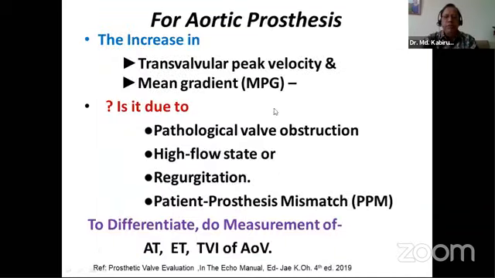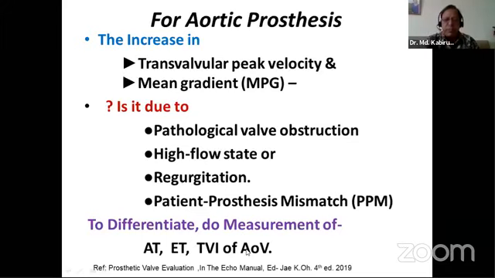So if you get a severe stenotic gradient across the aortic valve, think about whether the increase in transvalvular peak velocity and mean gradient is due to pathological valve obstruction, a high flow state, regurgitation, or patient prosthesis mismatch. To solve this differential diagnosis, you have to measure other parameters.